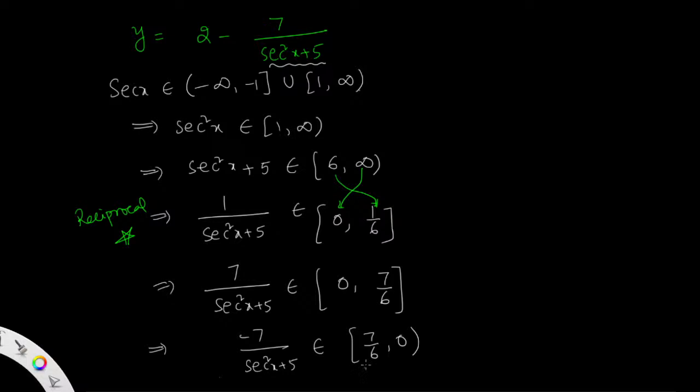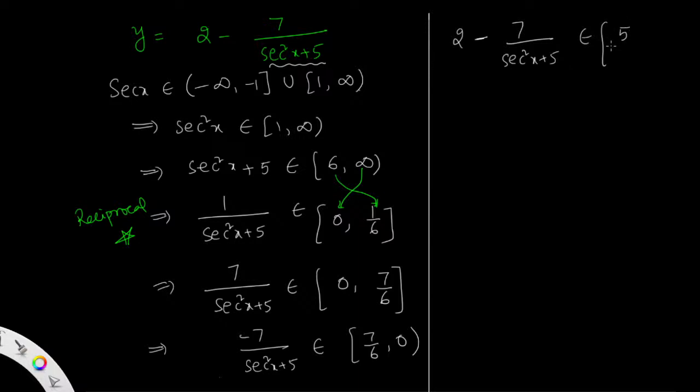Then adding 2, 2 minus 7 by secant square x plus 5 belongs to 2 minus 7 by 6, that is 5 by 6, comma 2. Therefore the function y belongs to 5 by 6 comma 2. So this is the range of the value.